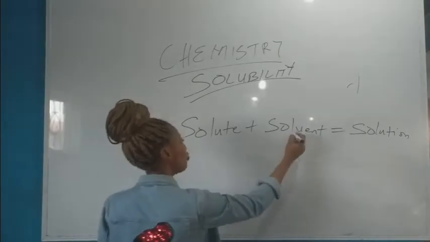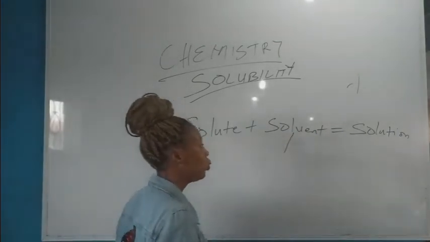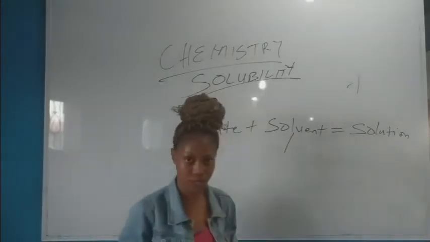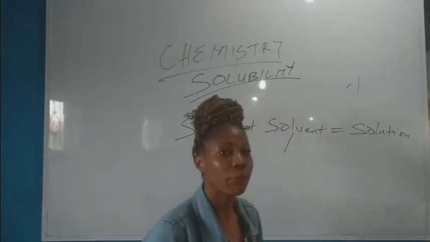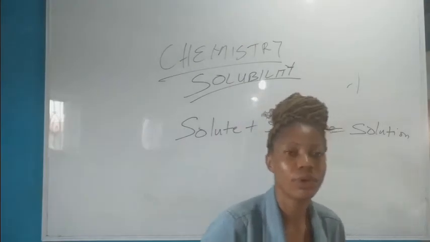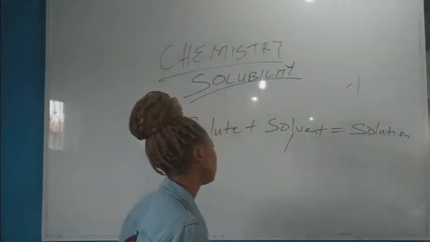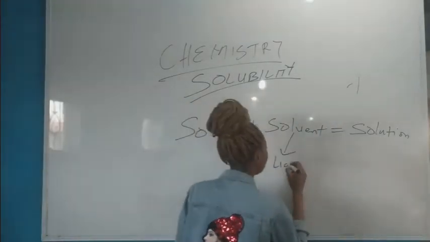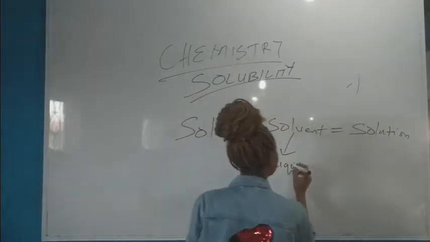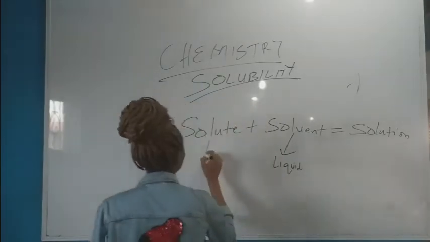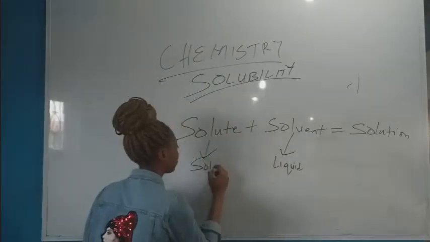When we use water, I told you water is the universal solvent. A solvent can be a liquid, can be anything, but the most recognized solvent is the liquid. So let's say our solvent is a liquid, then our solute can be a solid.